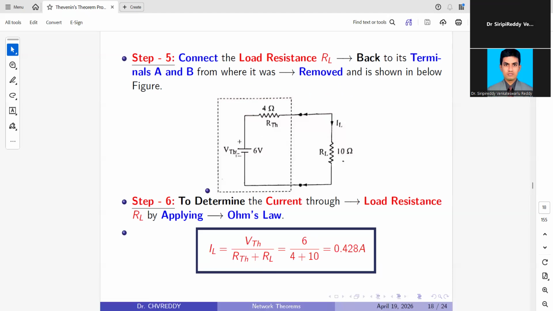We know the VTH value, that is 6, the RTH value, that is 4, and the RL value, that is 10. Once we simplify that, you will get 0.428 amperes. So this is the current through the load resistance.